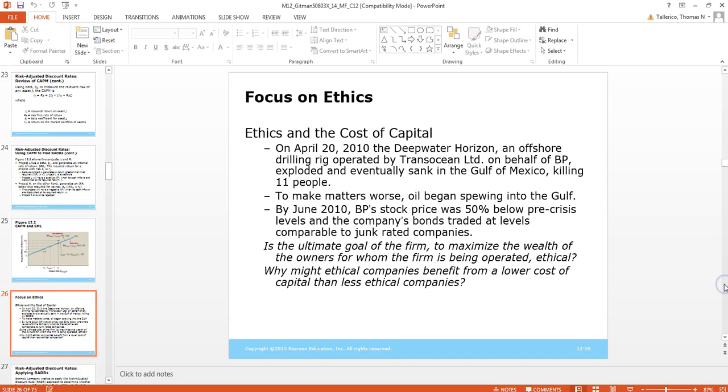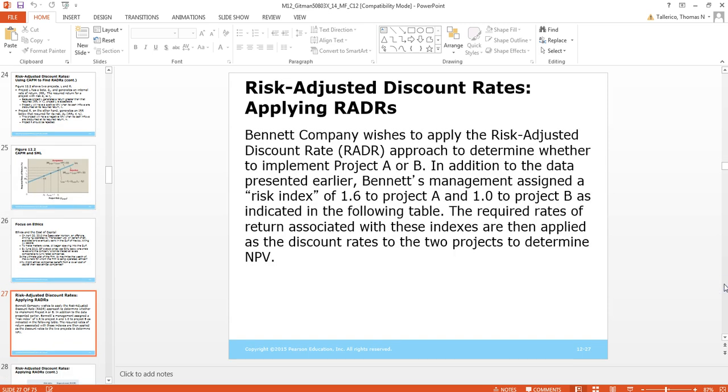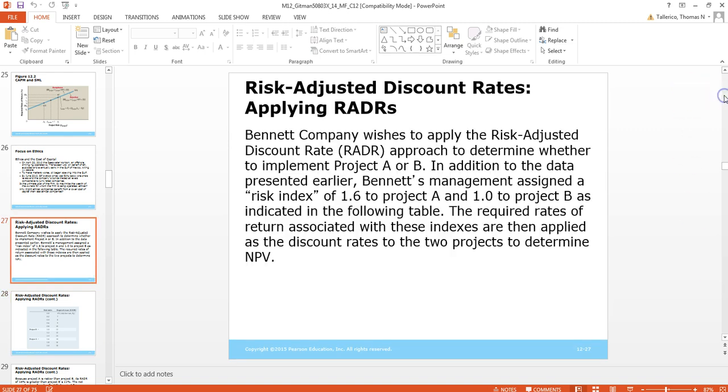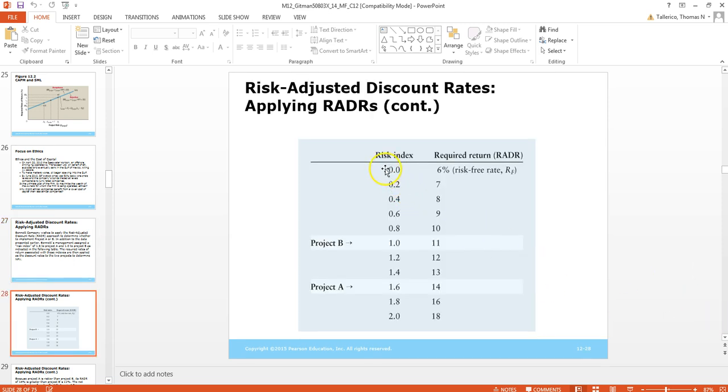All right, so here's the security market line. Basically, you can look at risk-adjusted discount rates as a table, if you'd like, and this is an arbitrary, subjective number. They just call it a risk index. And here's the required return, and you'll notice for the two projects A and B, the risk-adjusted discount rate for B would be 11 and for A would be 14.